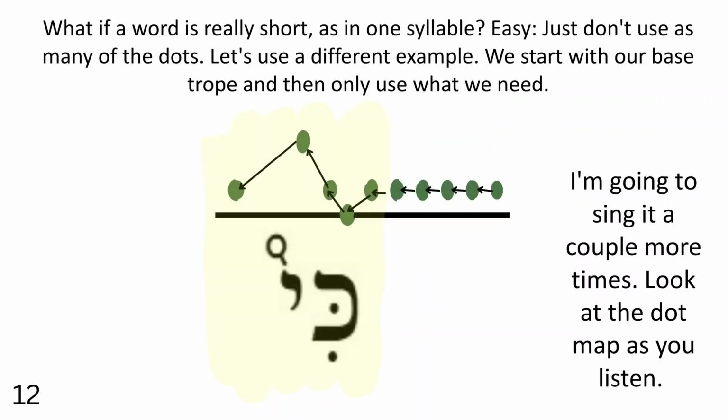But what if a word is really short, as in one syllable? So this is easy. You just don't use as much of that tail end where all the dots are on the same level. So let's try this example. Remember, our base trope is Talisha Kitana. I'm going to sing it again. Talisha Kitana.